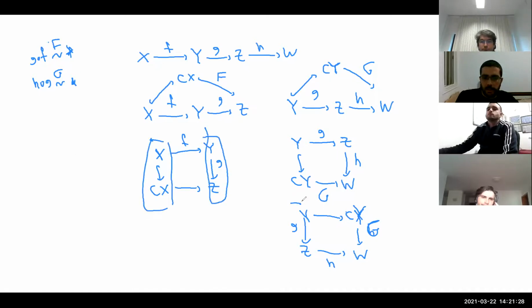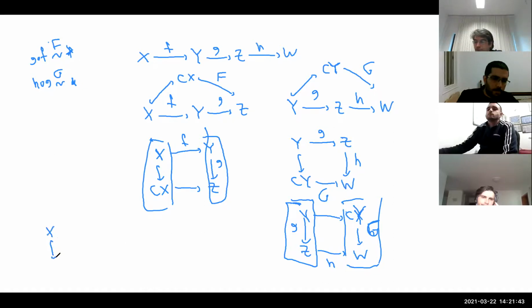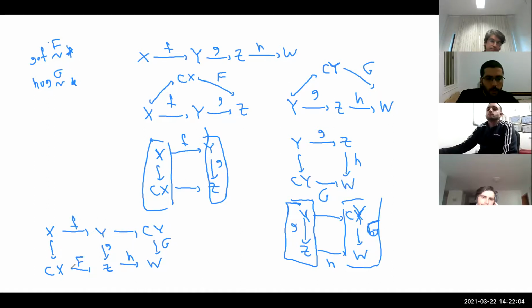From the data that I have in the null homotopy here, I get a map from G to this null homotopy, and I can compose them together, and we get this. Here, I organized all the data I want to know about the null homotopies in one diagram like this.